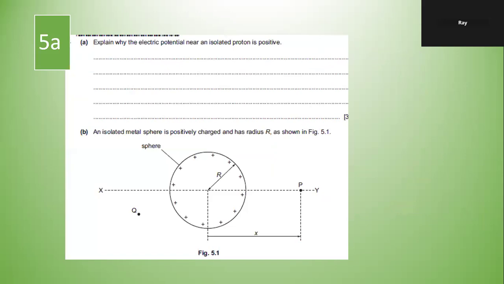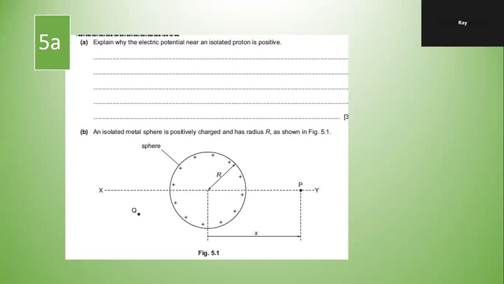Explain why electric potential near an isolated proton is positive. Electric potential is zero at infinity. Okay, that's the first point. A proton has positive charge, so they will repel each other. Force is repulsive.